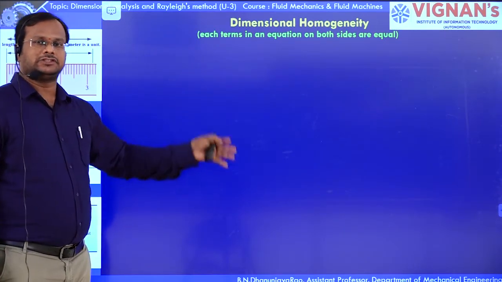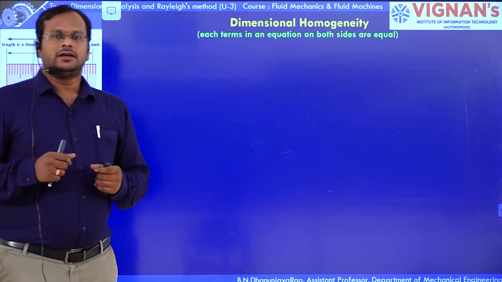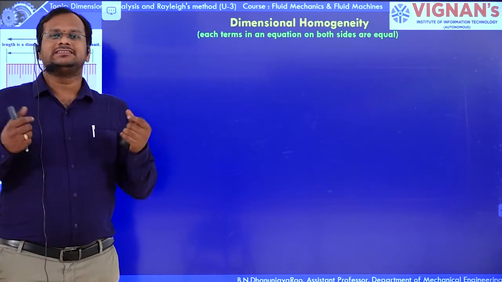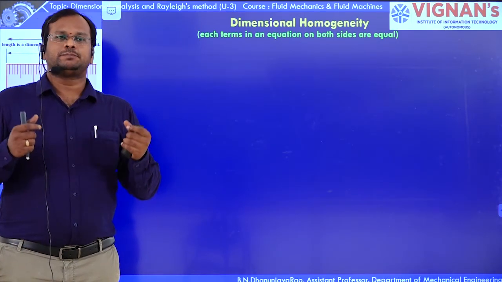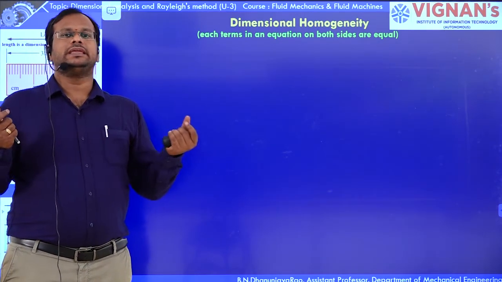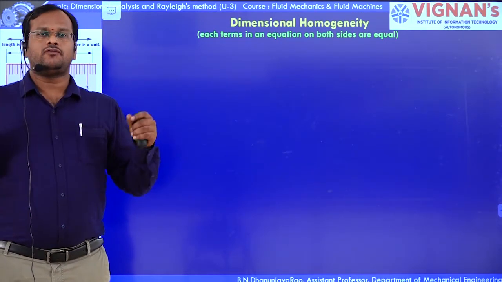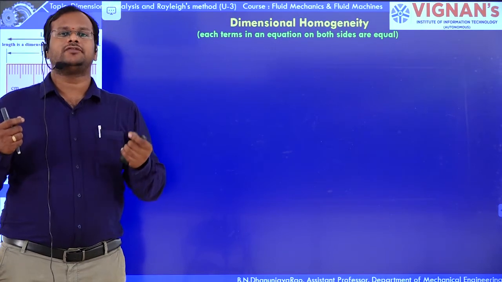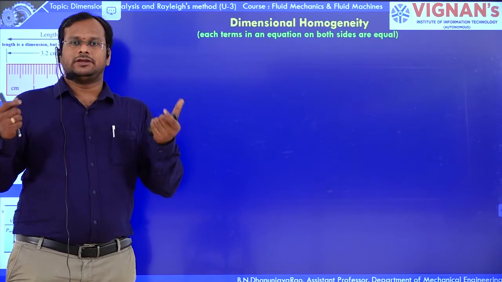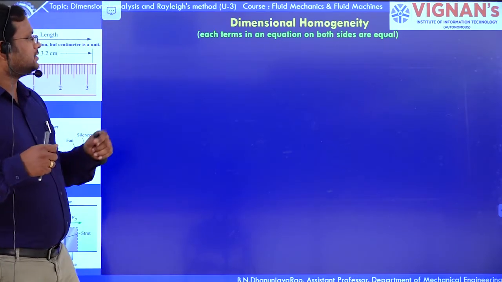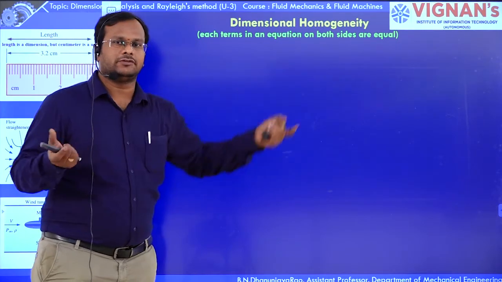When it comes to dimensional homogeneity, what is dimensional homogeneity? We can say that it is nothing but that the powers of a particular expression on both sides should be equal. What are the powers? The powers of fundamental dimensions of each variable in an expression should be equal. Suppose each term in an equation on both sides is equal.